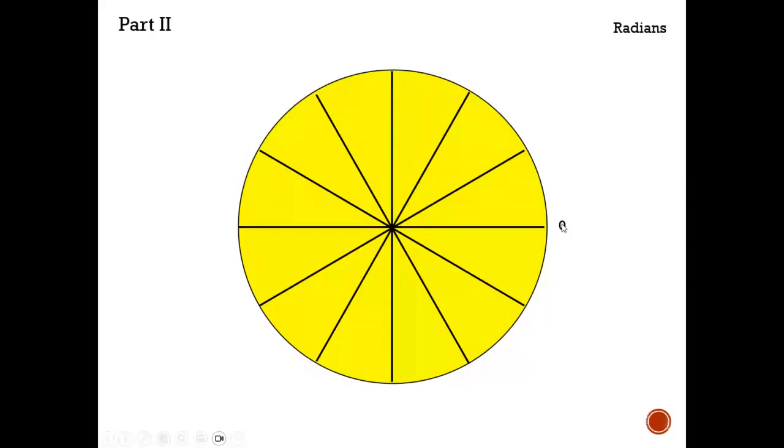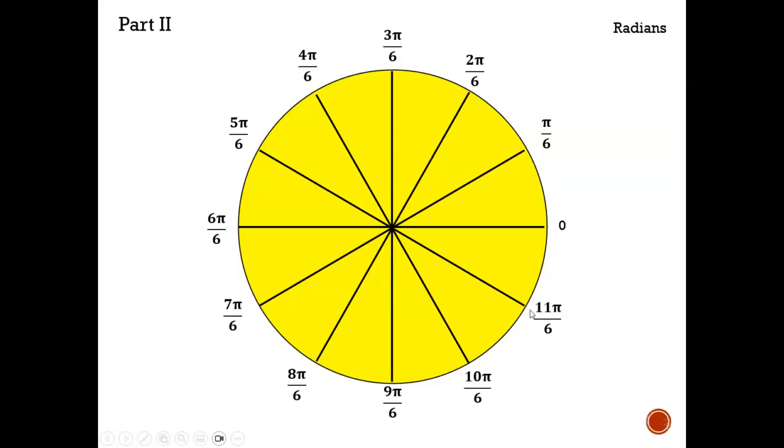So we start here at 0, and then we're going to go by sixes, pi over 6 or 1 pi over 6, and then 2 pi over 6, 3, 4, 5, 6 pi over 6, continuing with the pattern, 7 pi over 6, 8, 9, 10, 11, and then we're at 12 pi over 6. So we complete this going by sixes, 1/6 each time.